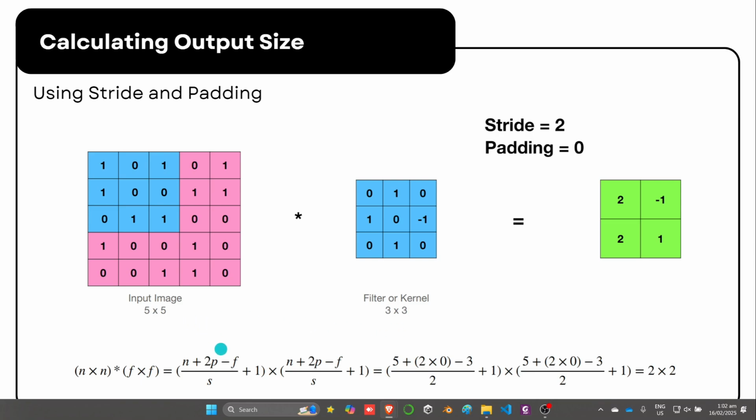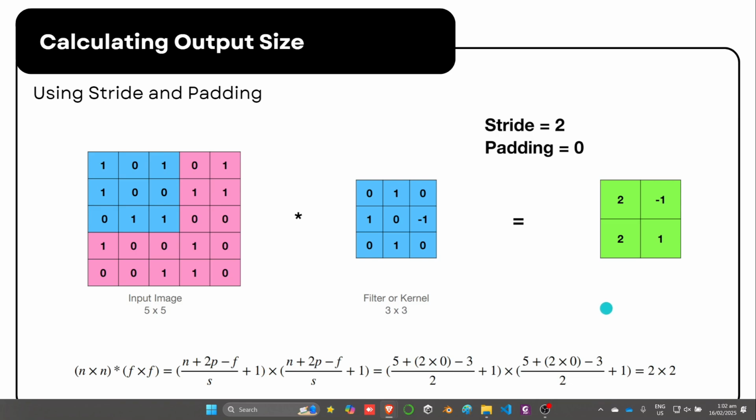Then p is for padding, which in this case is 0, and minus f, the filter or kernel size, which is 3, then divided by the stride, which is 2. As you can see, the feature map is now 2 by 2.